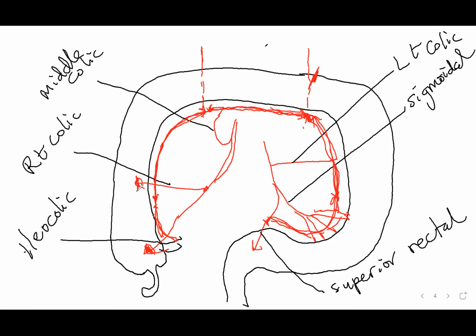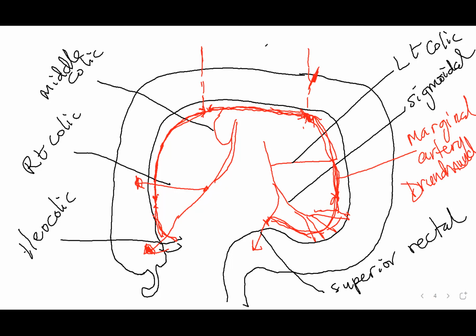It is as if it's a single vessel now because they all anastomose. So this is called the marginal artery of Drummond. Okay, so let's go back to our slide. I believe you understand how the distribution of the arterial supply of the colon is.